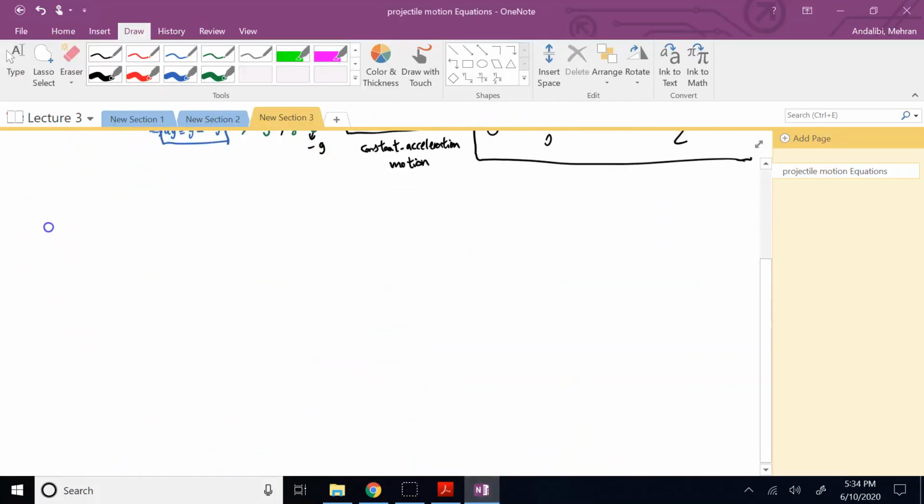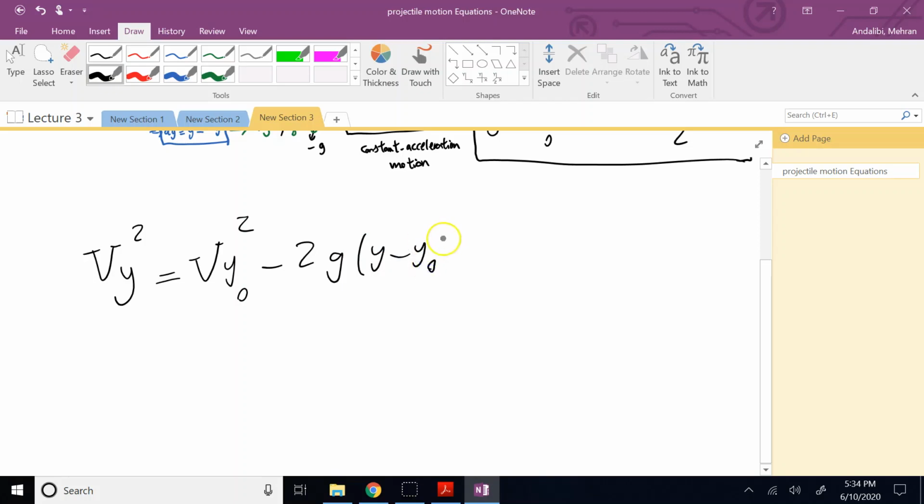Okay? So in the time-independent equation for y direction, I have v squared y is equal to v naught squared y minus 2g times delta y, which is y minus y naught.